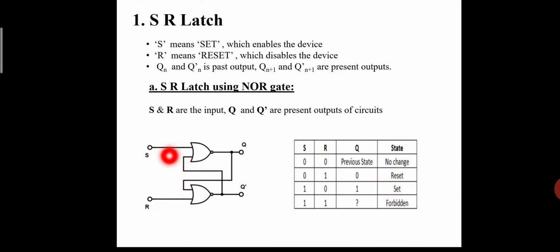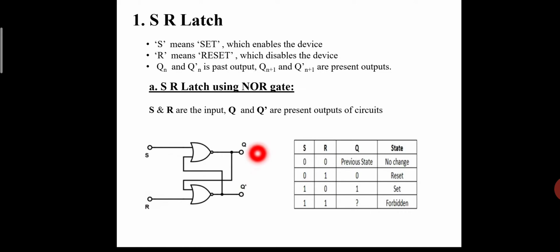Up to this condition the SR latch operation is okay, but when we apply the 1 1 condition, you will get Q and Q bar both equal to 0. This state is impossible in case of logic gates.